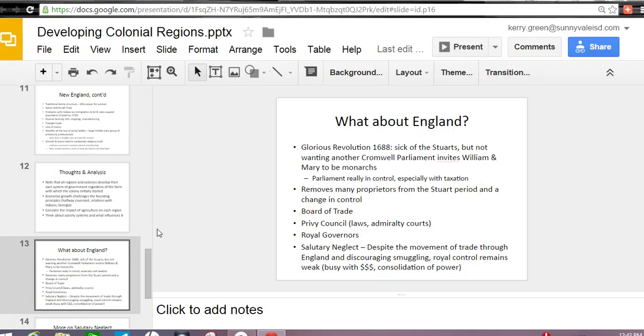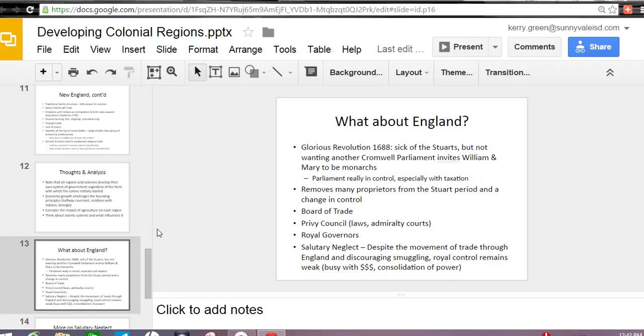We'll also see that William and Mary have one daughter, Anne. Anne marries but never has any children. And so then they have another crisis of who's going to be the king. And this leads them to bring the Hanovers over. And so this is where the King Georges come from. In fact, the current royal family is from the Hanover line, not from the Stuart line.